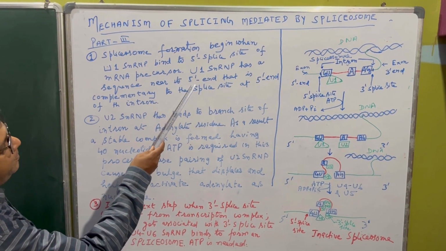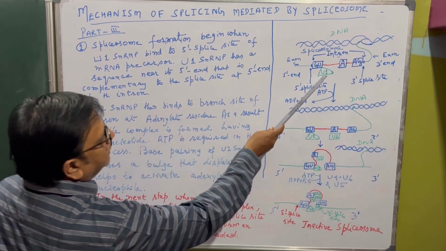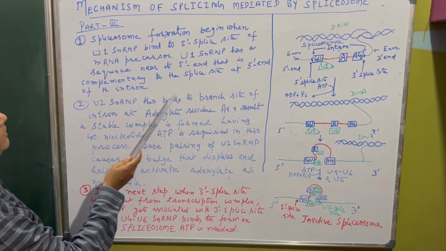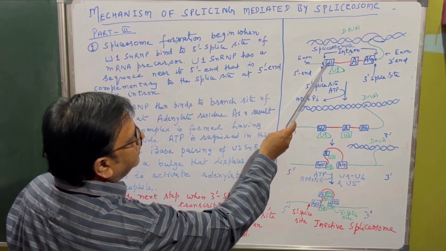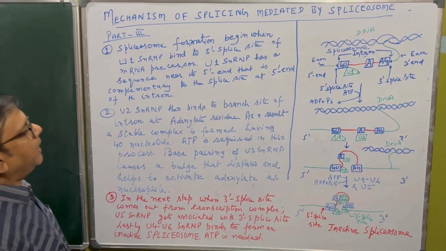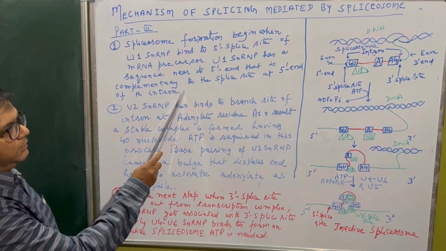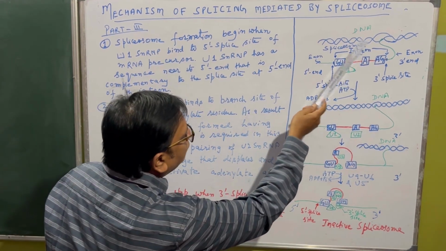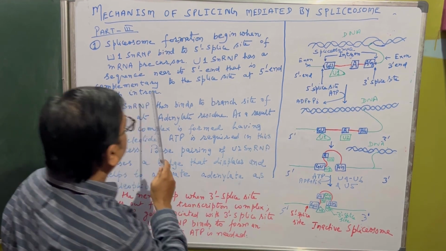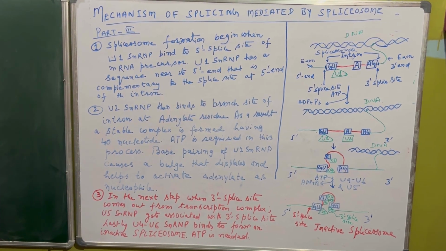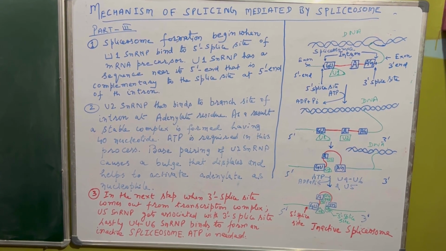So the 5' end of this U1 snRNP has a sequence complementary to the splice site at the 5' end of the spliceosomal intron. So what is the next step?